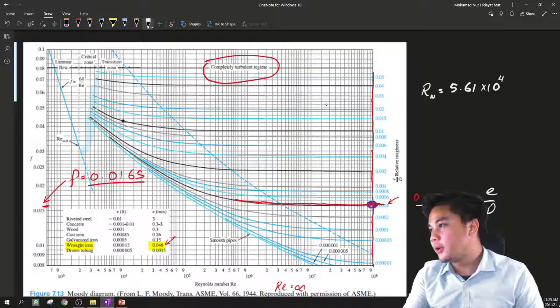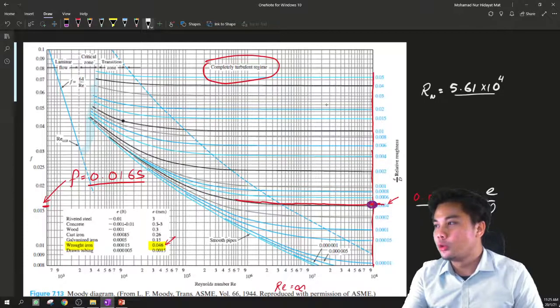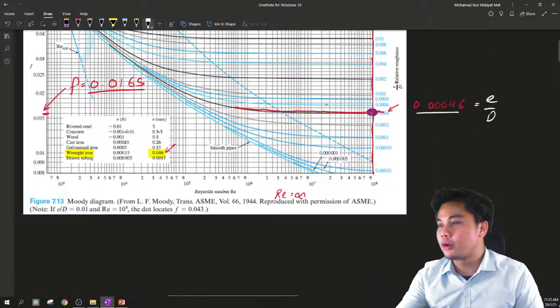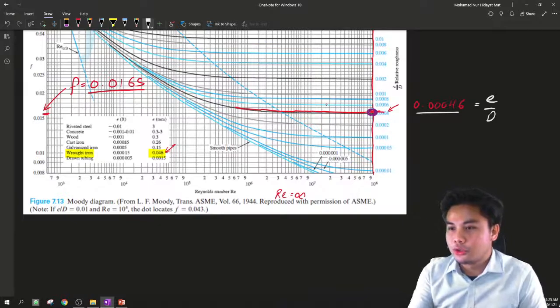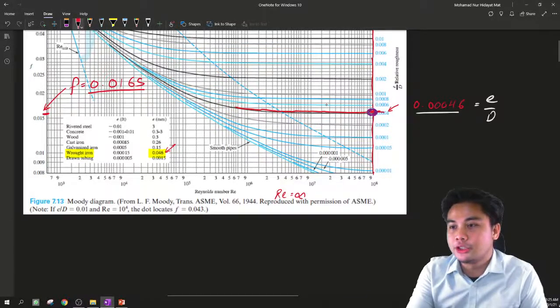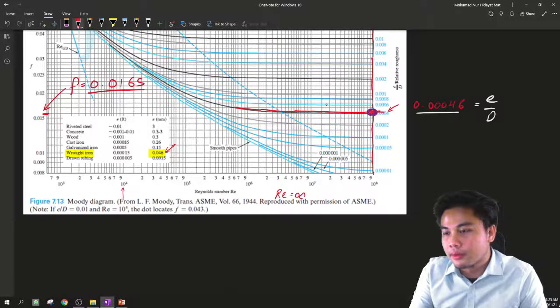Using this value and this value, we need to look up 5.61 times 10 to the power of 4. So 10 to the power of 4 is in this region, and this is 1, 2, 3, 4, 5.